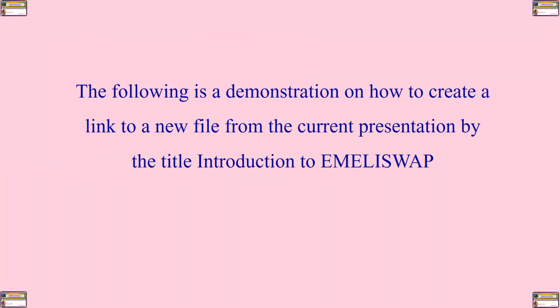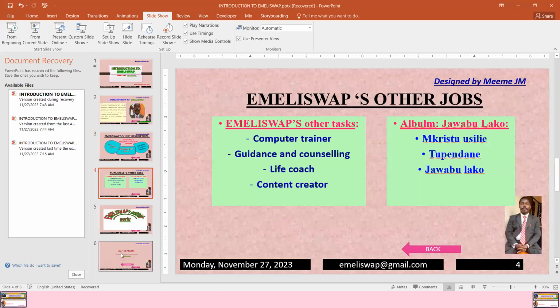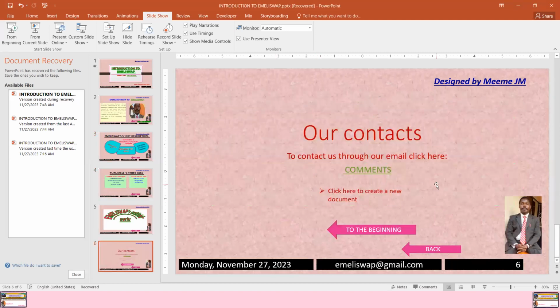The following is therefore a demonstration on how to create a link to a new file from the current presentation by the title Introduction to MLSwap. I want to go to this slide, that is our last slide here.